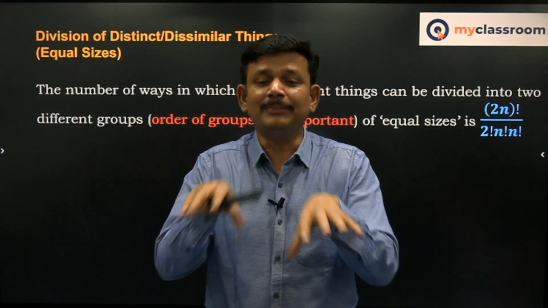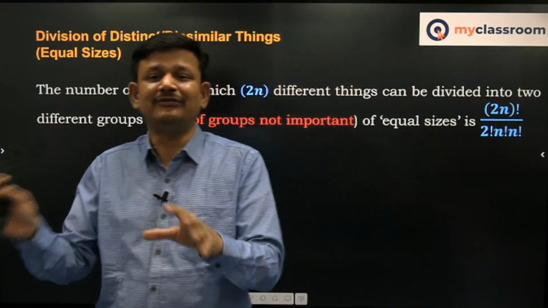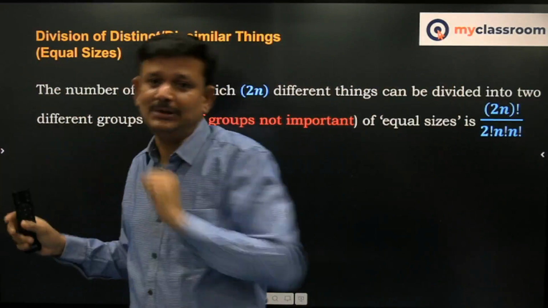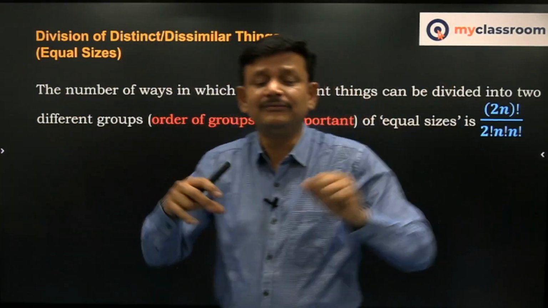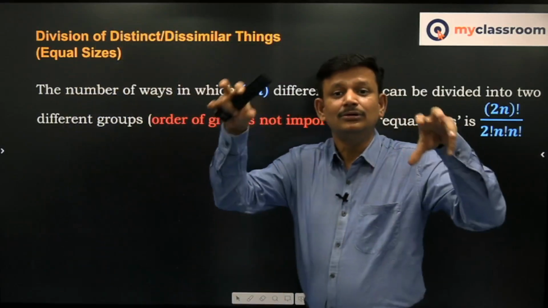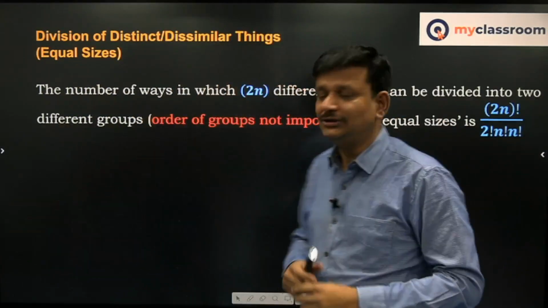Now, I have 10 people, I have to simply distribute them into 2 teams of sizes 5 and 5. I am not naming the teams, this is team A or this is team B. So, order among the teams is not important. I am putting 10 things into 2 identical boxes, 5 things each. So, order among the identical boxes will not be important.